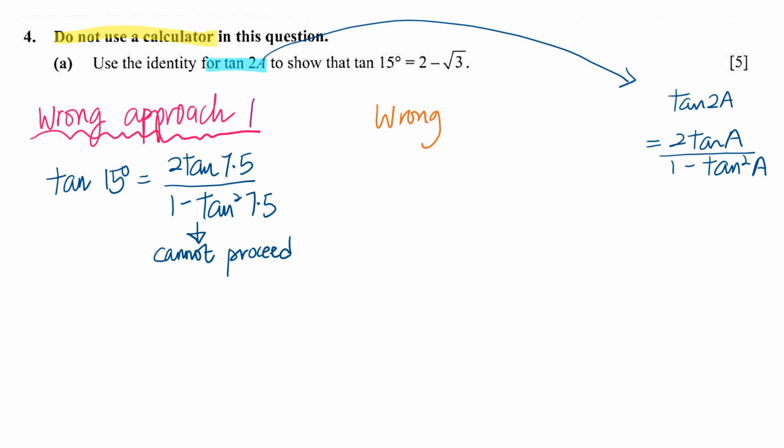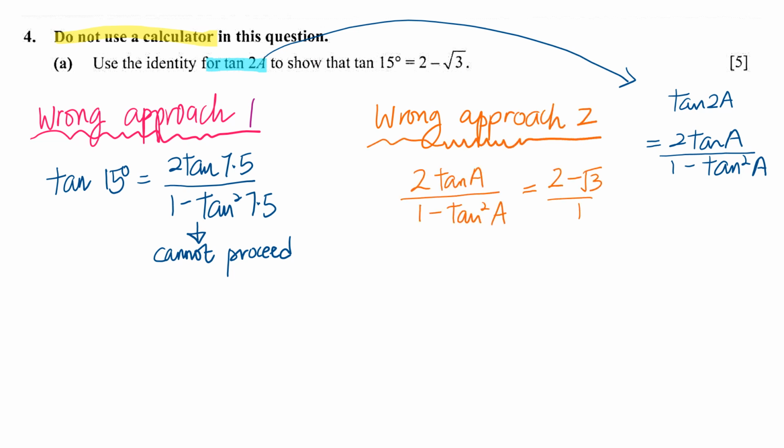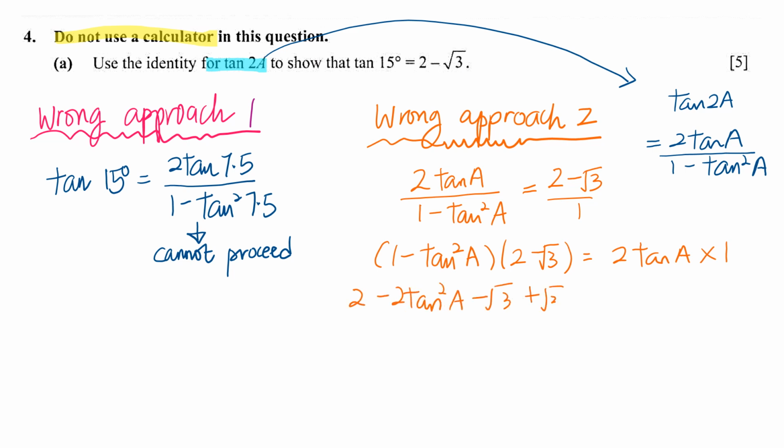A second approach is you let 2 tangent A over 1 minus tangent squared A equal 2 minus square root 3. In this case, it's like you have done a lot of work, and you could be on the right track, but actually you're not, because you're not doing any proving at all.